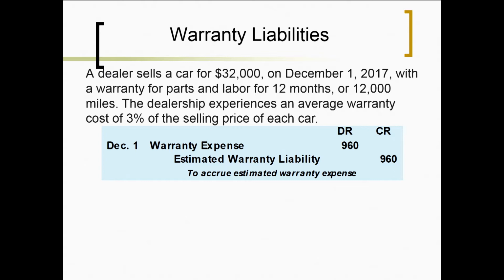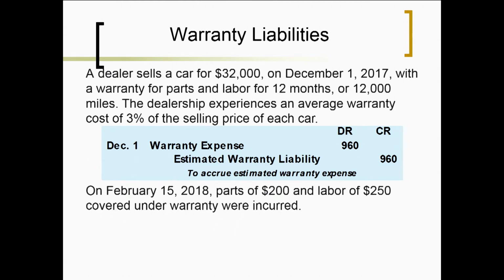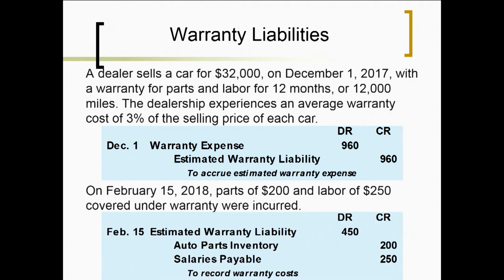Now what happens when somebody takes us up on our warranty? Well, let's say on February 15 of 2018, somebody came in, needed some warranty work done on their car. It cost $250 in labor, and we had to use $200 of parts from our inventory to fix that car. Well, the journal entry we would make is, let me get my pointer going.